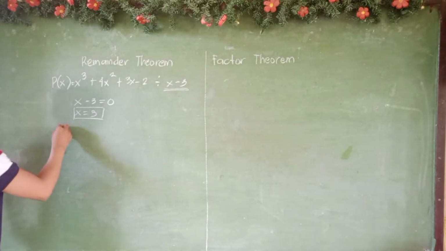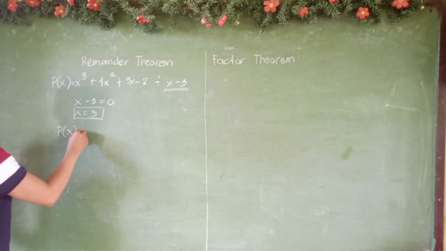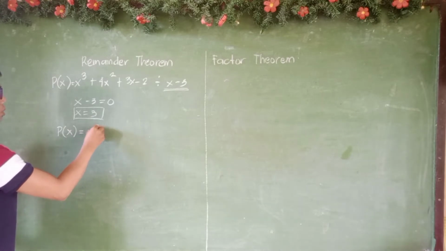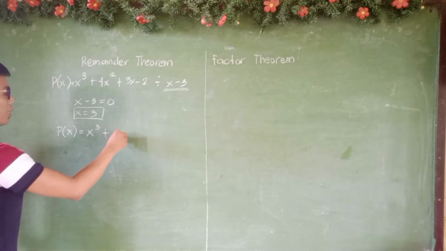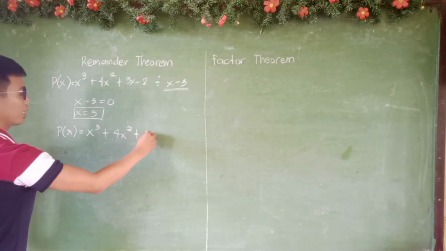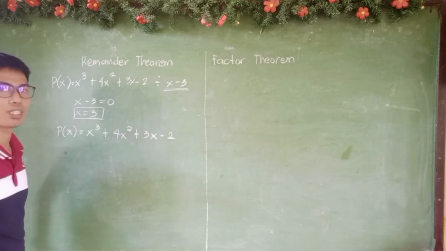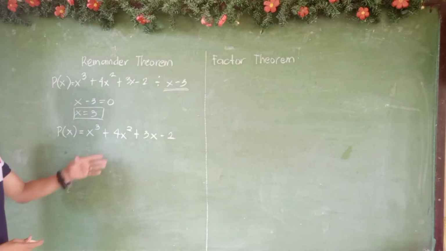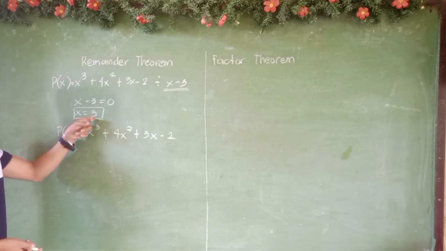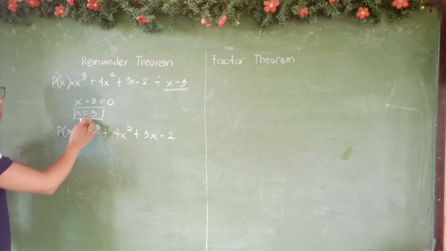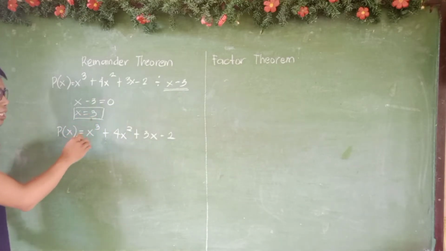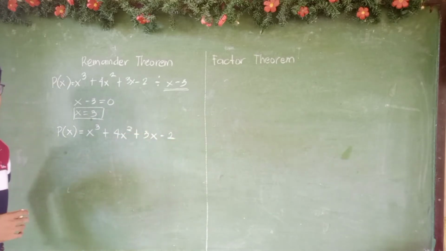So we have p of x is equal to x cubed plus 4x squared plus 3x minus 2. Then, after that, we're going to substitute the value na nakuha natin dito. Since the value of x is 3, lahat ng x, papalitan natin ng 3.